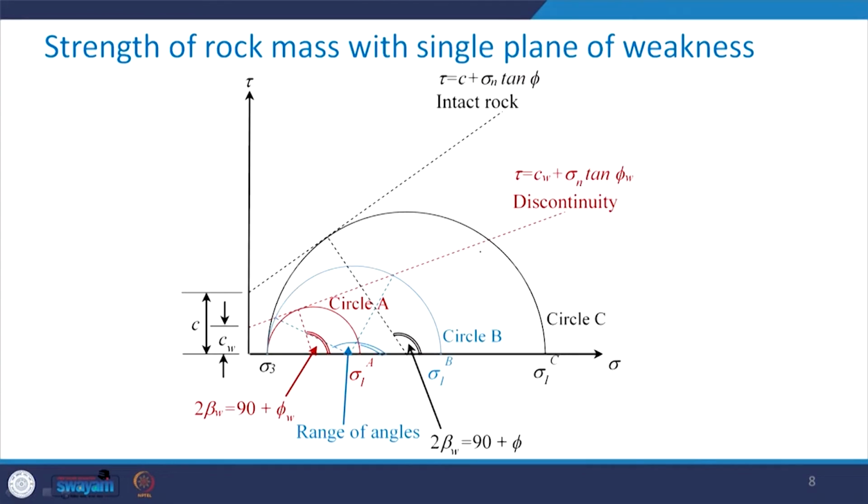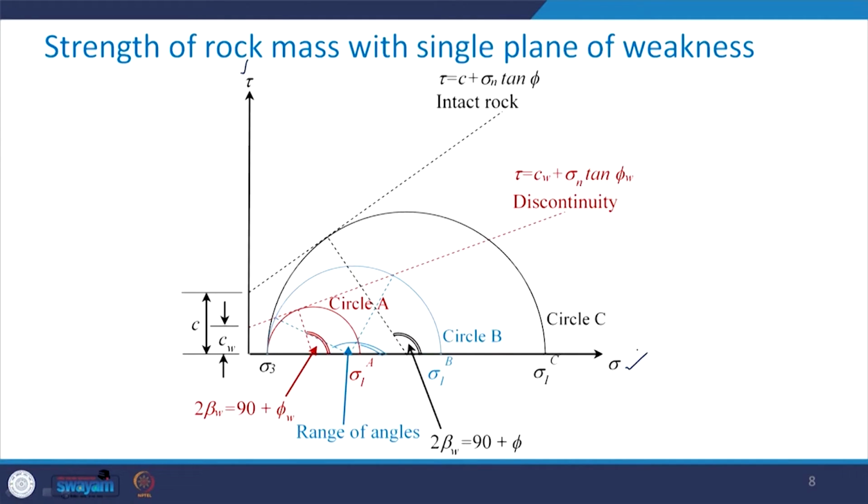Now let me explain this all over again with the help of Mohr circle representation. Here in this figure, there is a space of tau versus sigma, because we have the Mohr envelope in this space in the form of tau equal to c plus sigma tan phi.